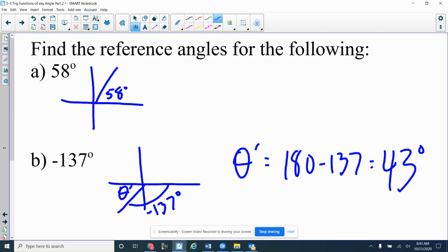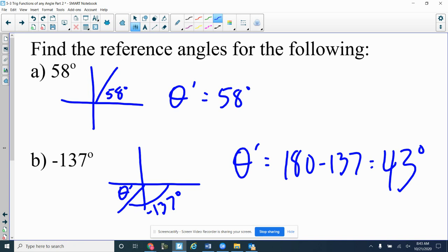It's an acute angle created with the x-axis. It is 58. Yes, sometimes an angle is its own reference angle. The acute angle created with the x-axis in this case is 58 degrees. If the angle that's given is already acute, then that's its own reference angle.